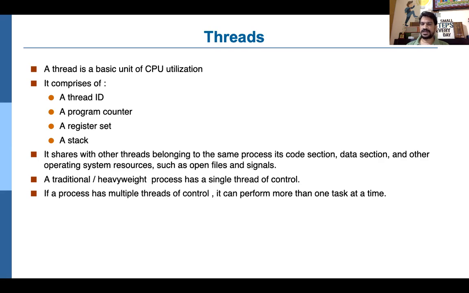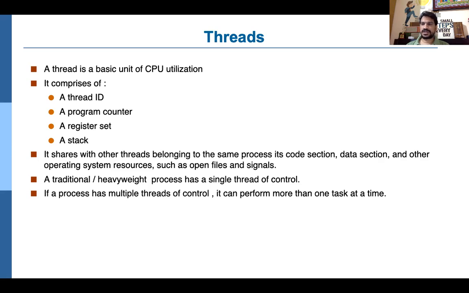There is a register set. I told you the usage of register and stack when we learned about the process: the registers are used to hold different values related to the programs, and the stack holds the recursive functions and function calls, and all those things are taken care of by the stack.